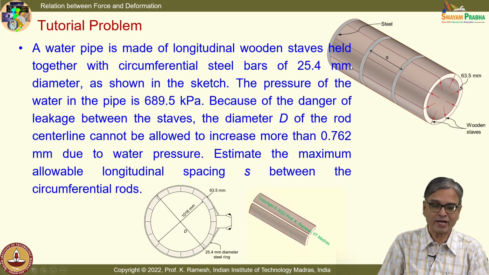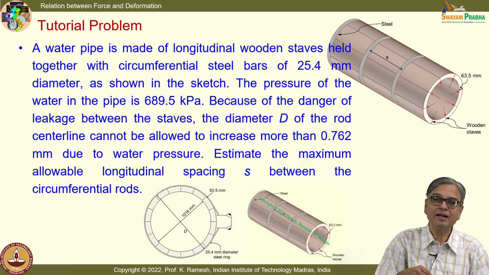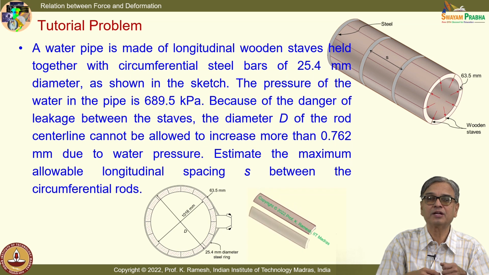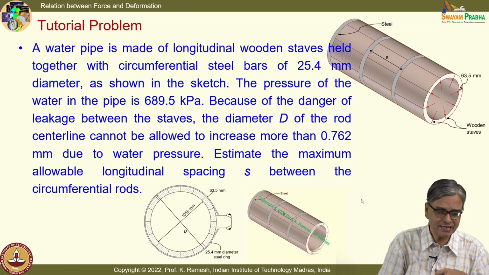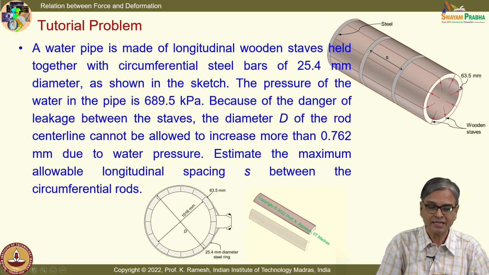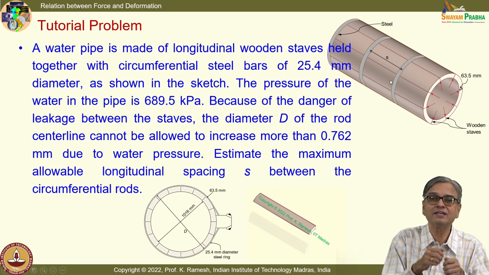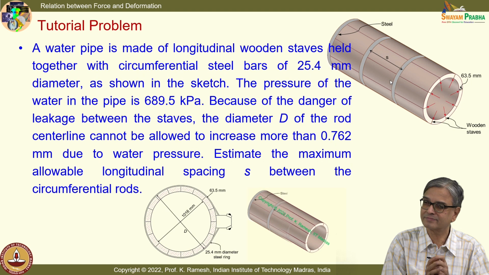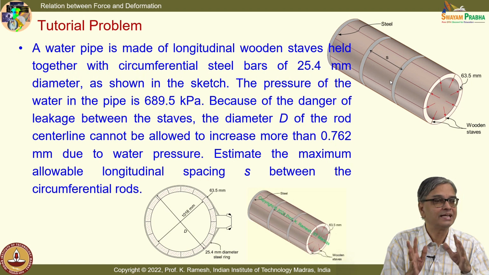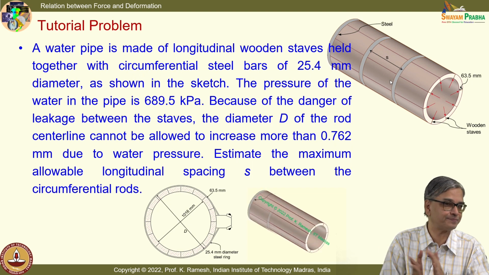Okay. So, I have individual wooden strips, and what is done is, you tie them with a steel ring like this. The question is, what should be the distance between two successive steel rings, which is essential for me to transport the liquid without any leakage.